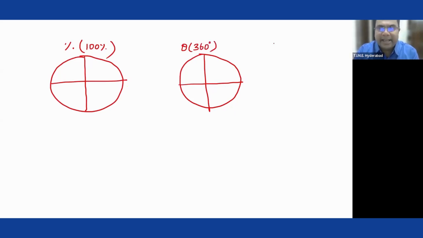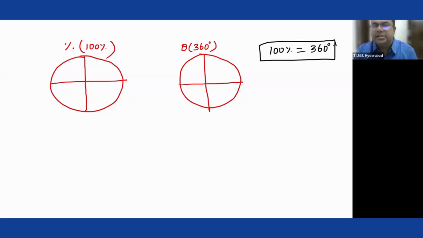So I can say 100% is equal to 360 degrees. Total in percentage 100%, it is equal to how many degrees? 360 degrees. Now 10% is 36 degrees. Right? How much is 1%?